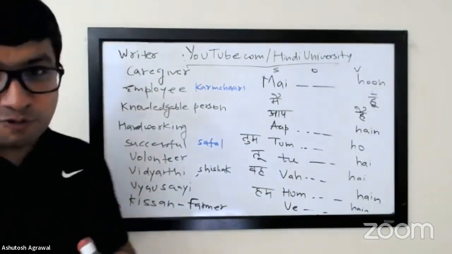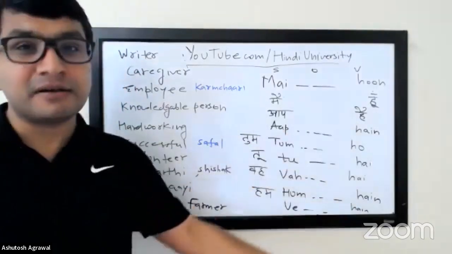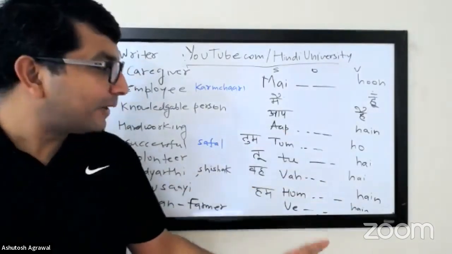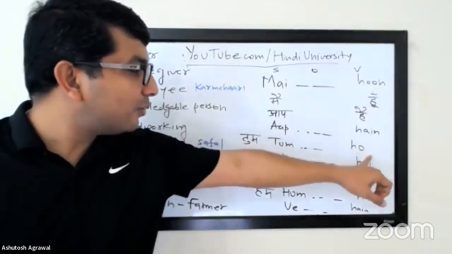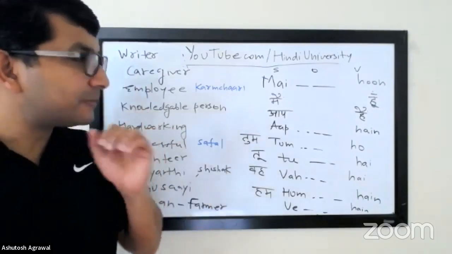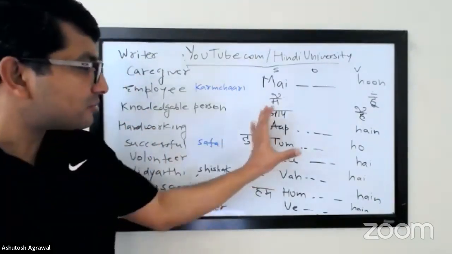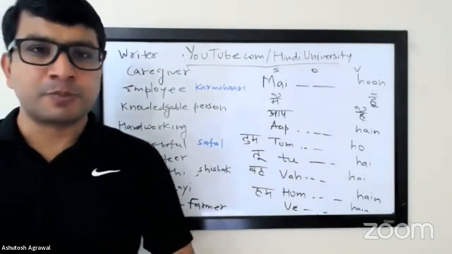Anyway, so the homework exercise for you all is that you have this pattern in front of you. So far, it's only the to-be form of the verb, which is हूँ, है, हो, है. Right now, your goal, especially for all the beginners, is to just make sure it comes very naturally to you. These are for present tense.